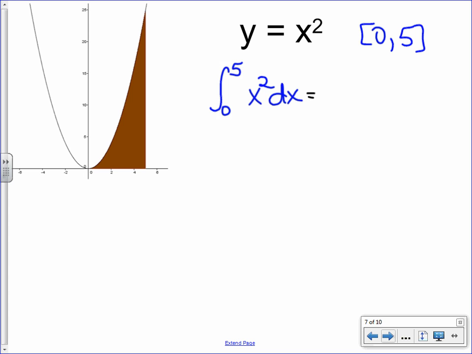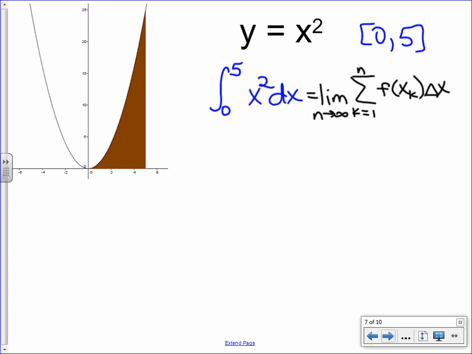Which means take the limit as n approaches infinity of the sum k equals 1 to n of f of x of k delta x, right? So first we need delta x.